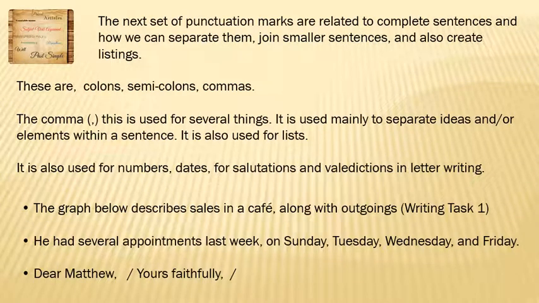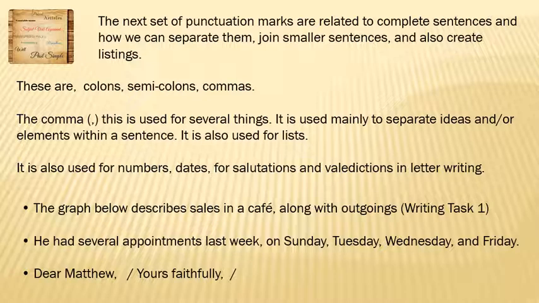The next set are related to complete sentences, how we separate them, how we join smaller sentences together, and how we create listings. So the first thing we're going to look at is the comma. As we can see, the comma here.